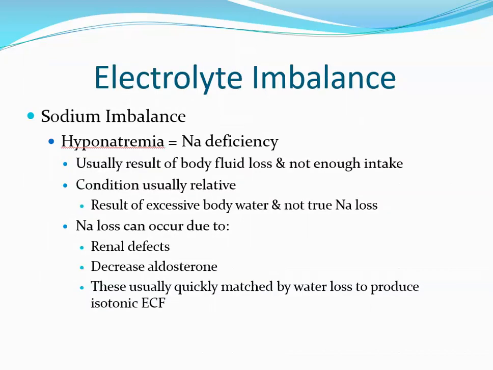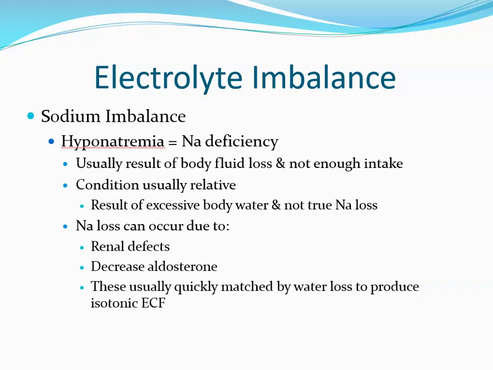Next, we will look at some of the important electrolytes in the body and what happens when their concentrations become imbalanced. The first is sodium. First condition is hyponatremia, low levels of sodium or sodium deficiency. This is usually the result of body fluid loss and not an inadequate intake of sodium. Let's face it, we all love our salt and get plenty in our diet.